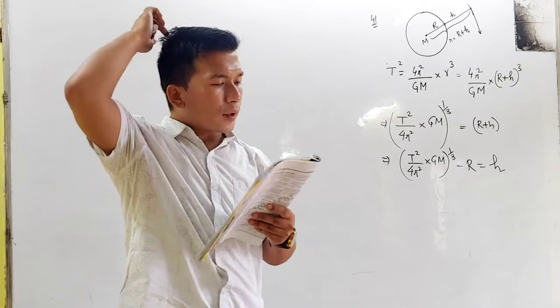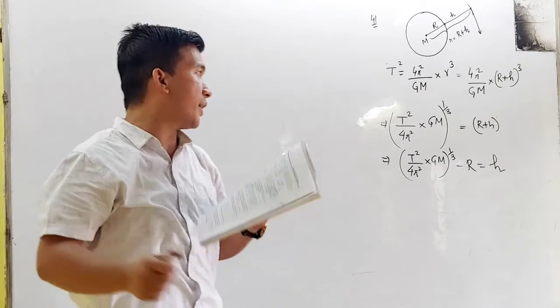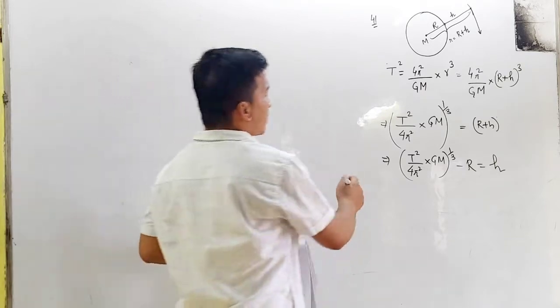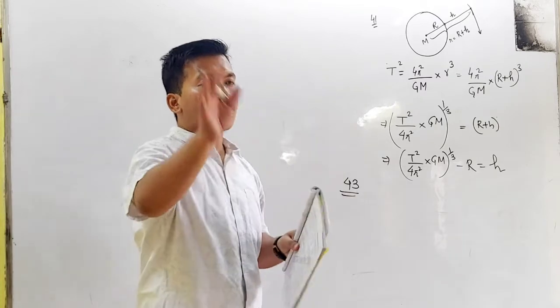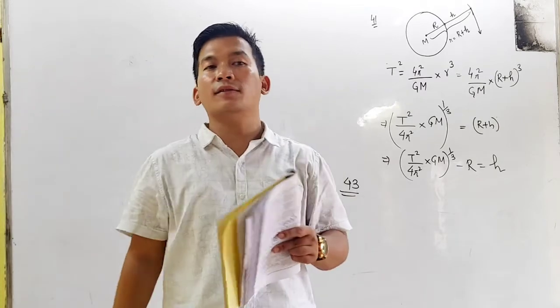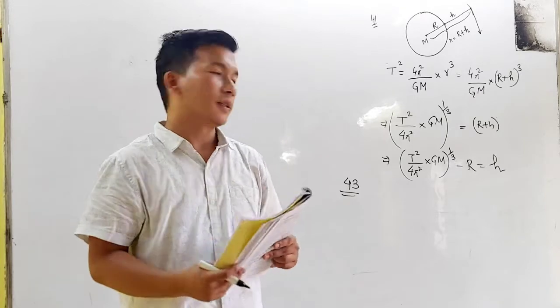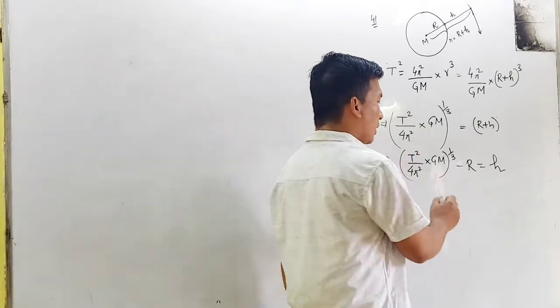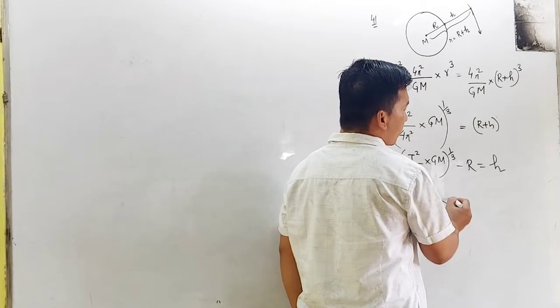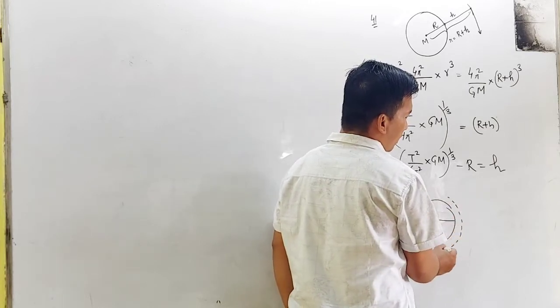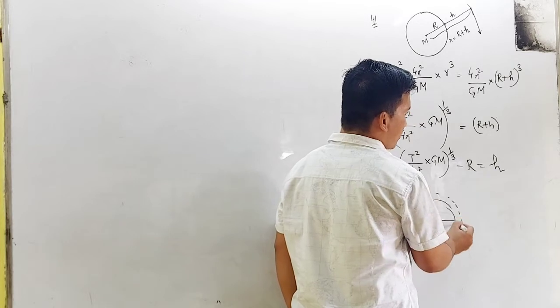Question number 43: the answer can be found without any calculation. What must be the probable answer? If the satellite is revolving just near to the earth surface, what must be the velocity?